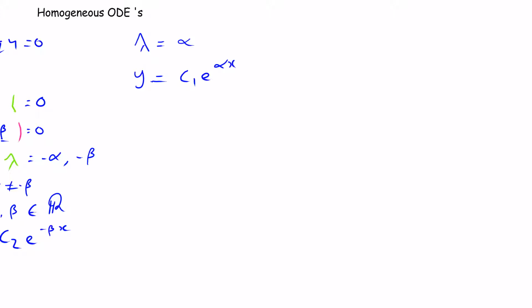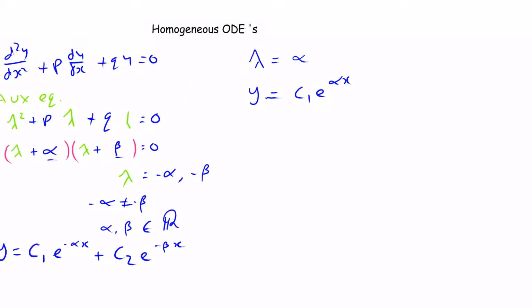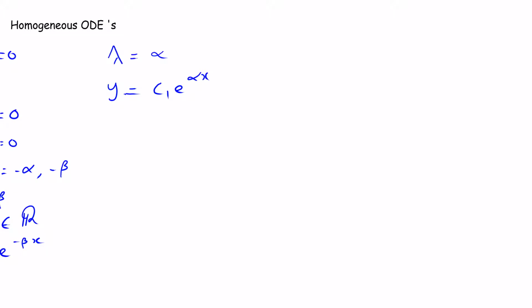Here this is alpha. In the previous bit it was negative alpha, hence why it's negatives in there, just as a quick cover over that, plus c2 x e to the alpha x. So we would take our first root as usual, and then the second root would be used, but we would multiply e to the lambda x by x to make it slightly different.